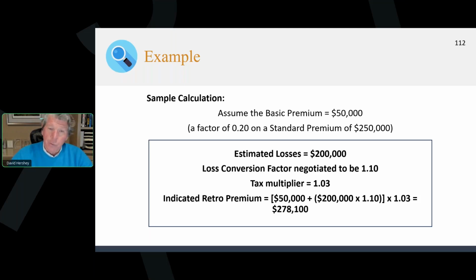The LCF, loss conversion factor, here, this comes from the underwriter as well. That's saying that whatever the losses are, 10% of that is going to be the loss conversion factor or the claims handling fee. In this case, 20,000. The tax multiplier comes from the insurance company. And in looking at this, I would never argue the tax multiplier because that's just an estimate.